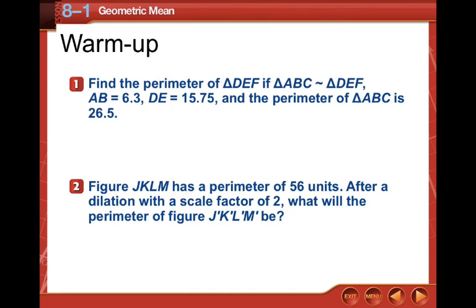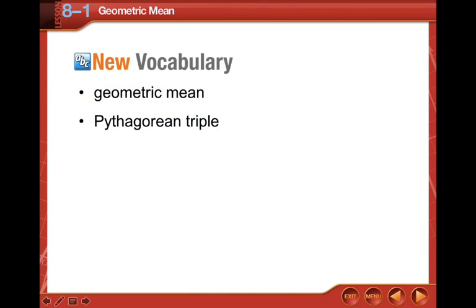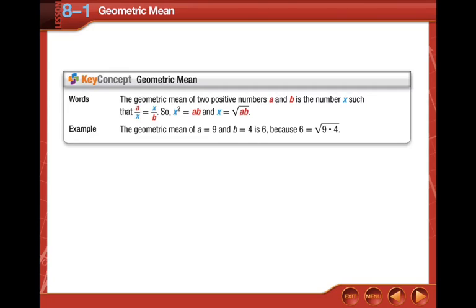So today's lesson, we're going to start looking at geometric means and Pythagorean triples for our vocab. When you think of the math term mean, you think of arithmetic means, which means we're looking at the average, right? Geometric means are different.